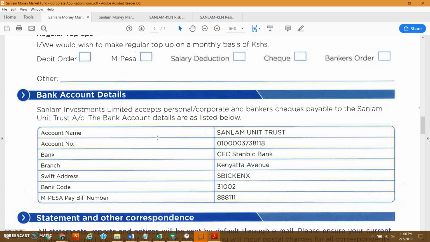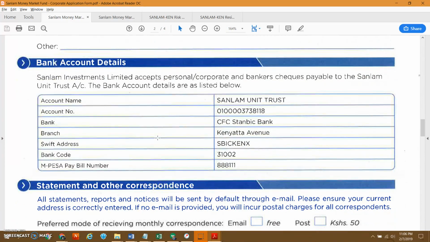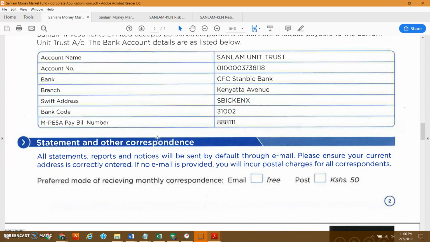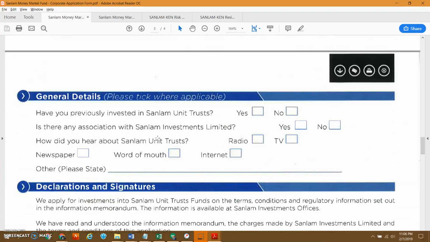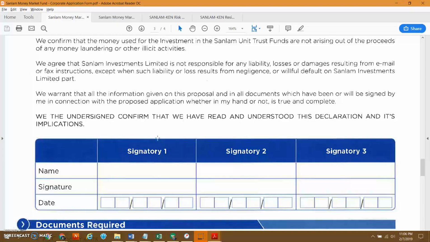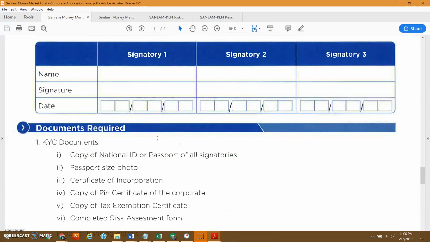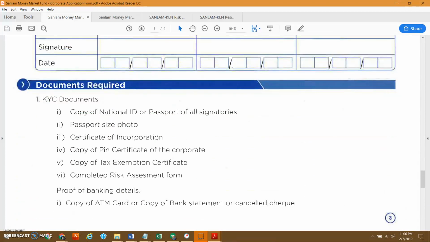Then finally, for Sanlam, as we go through the checklists, we can see there is nothing different. All that seems the same. KYC documents, as I say, this is important. These have to be attached, and as you can see now, this is different.